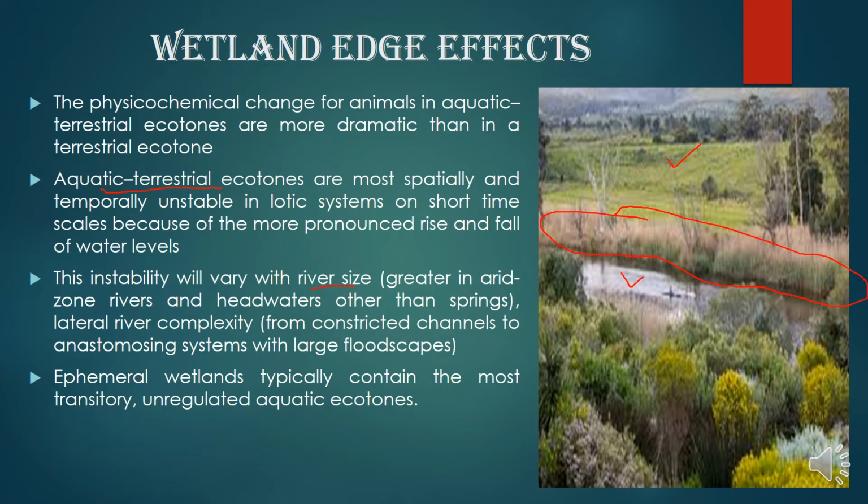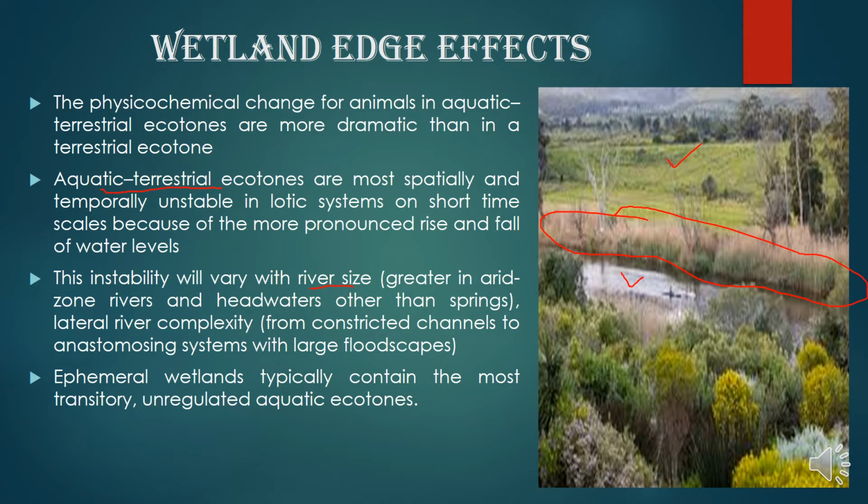So there will also be a lesser amount of insects that feed on those plants, and in turn there will be lesser amount of frogs and other small birds that feed on these insects, and then also lesser amount of larger birds that feed on both the frogs and smaller birds. So this is a very chain-like reaction, where the flow rate of the river or water body, or the wave action of the water body, is determining the edge effect.